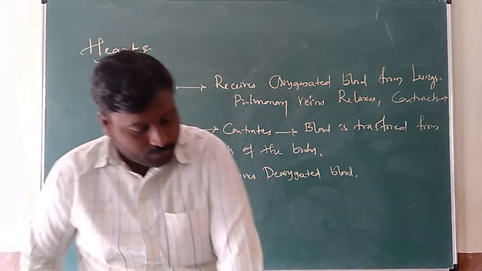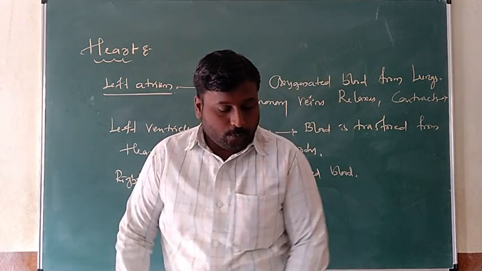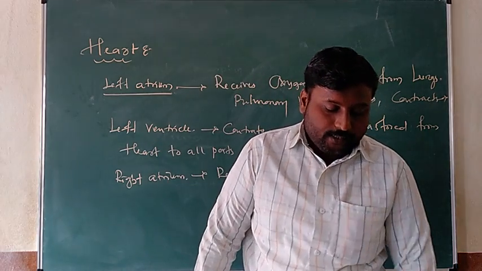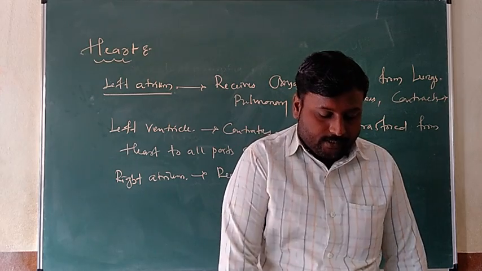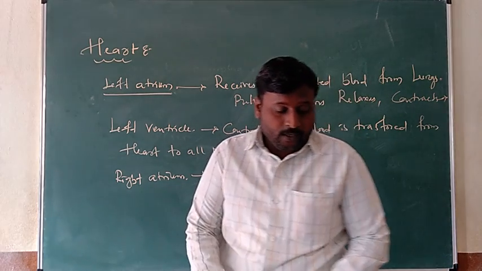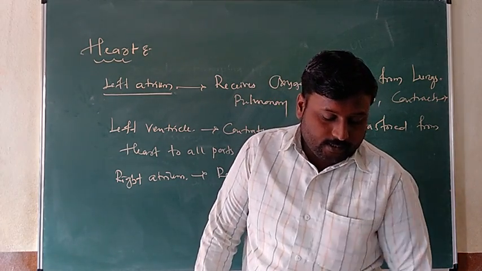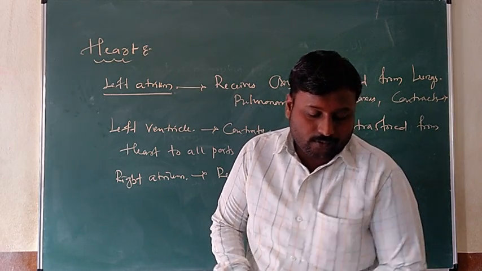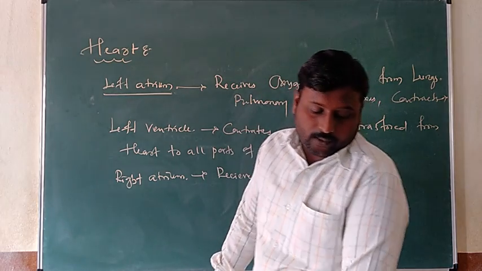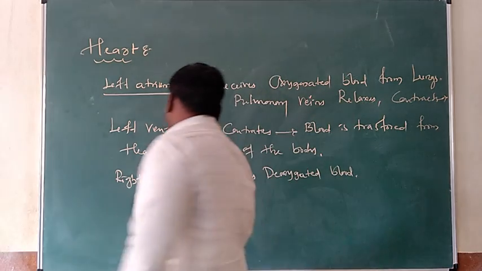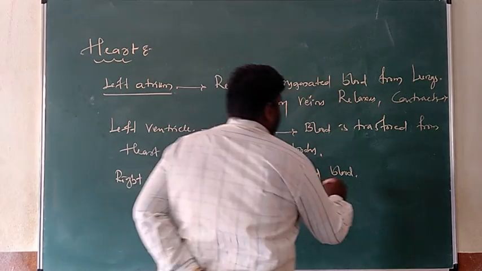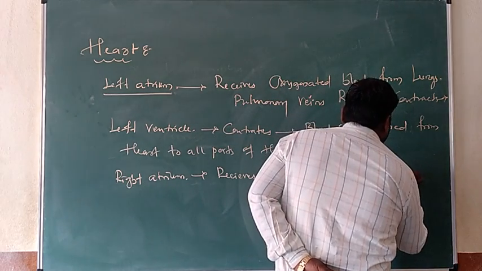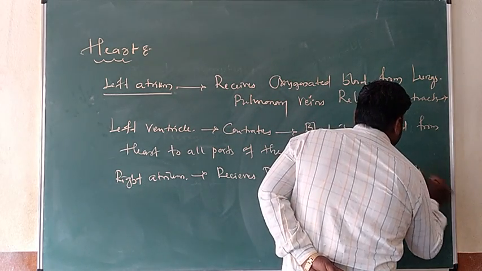Yes. When the right atrium contracts, the corresponding lower chamber, that is the right ventricle, dilates. Deoxygenated blood thus enters it, which in turn is pumped to the lungs for oxygenation. Yes, my dear students, what happened? The right atrium contracts.